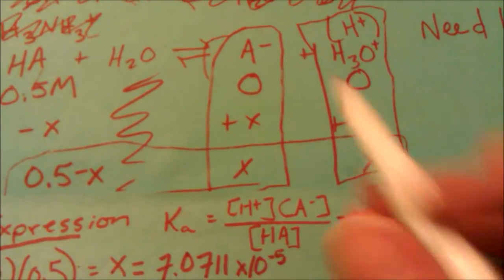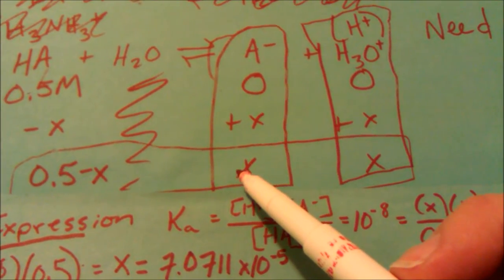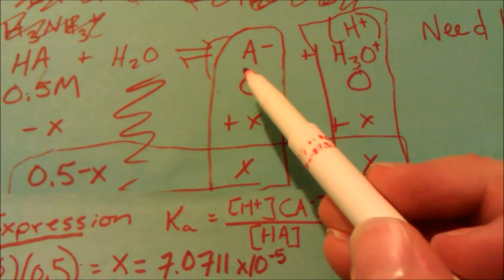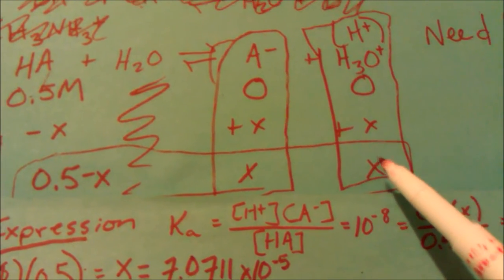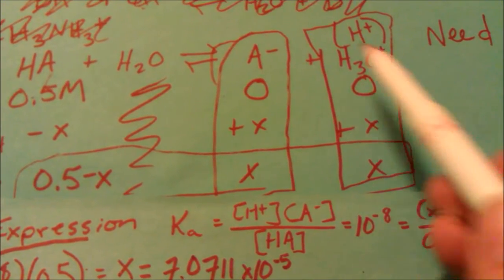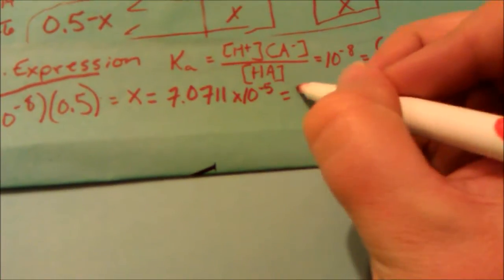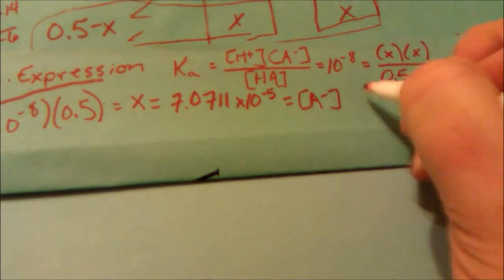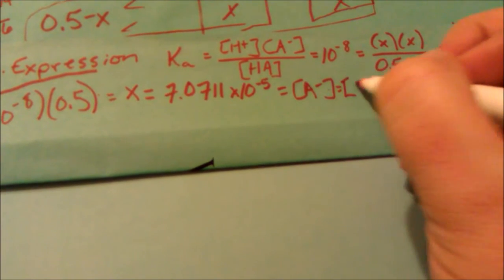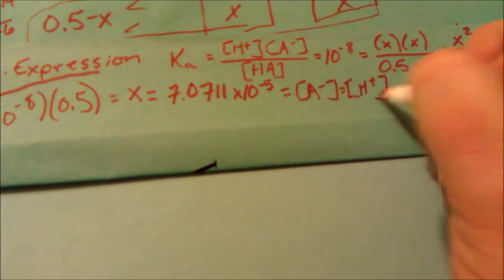Okay, what is x? Earlier in my RICE table, I said that x was my equilibrium concentration of my conjugate base and my equilibrium concentration of my protons as well. So x is equal to A minus, and more importantly, H plus. Why is H plus more important?